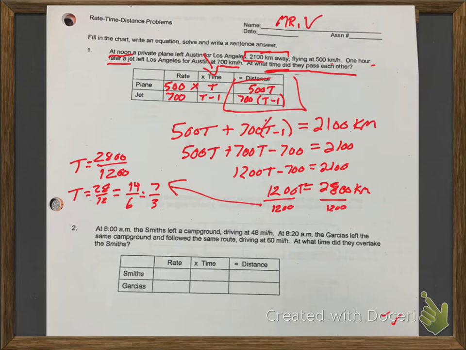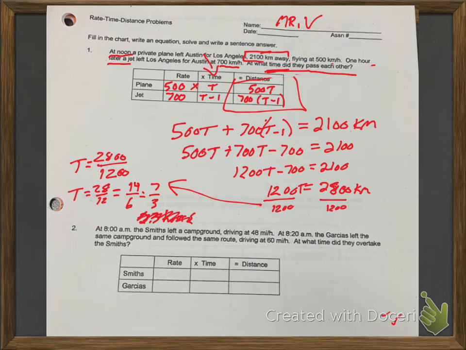Let me make sure I got that right. Yeah, it's 7 over 3. If you were to divide that, that'd be 2.3 hours. But the question is, at what time did they pass each other? So I would not do the 2.3 hours.